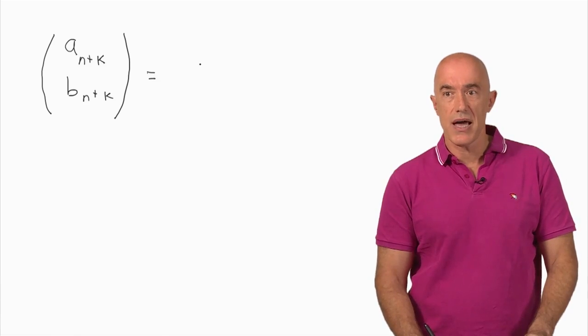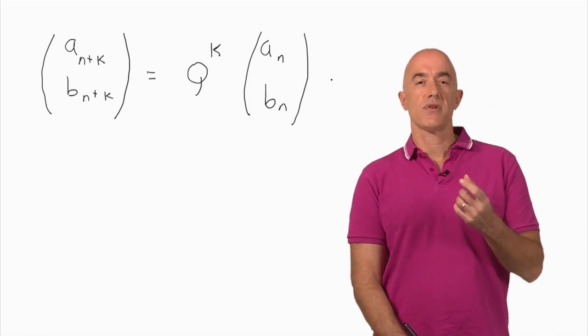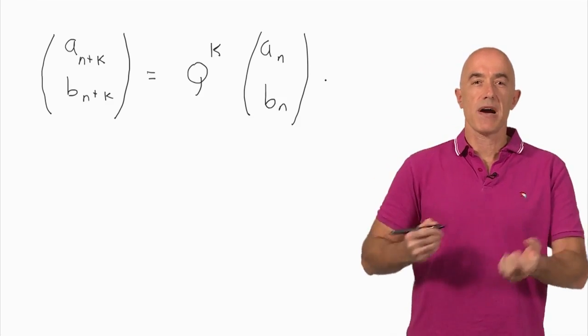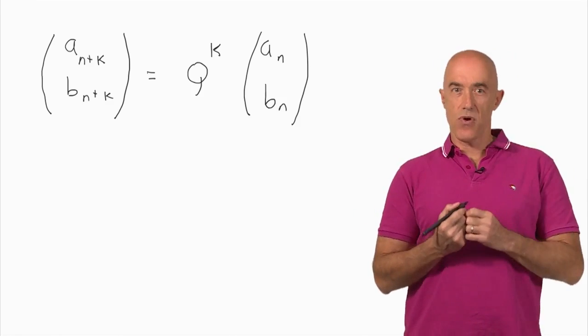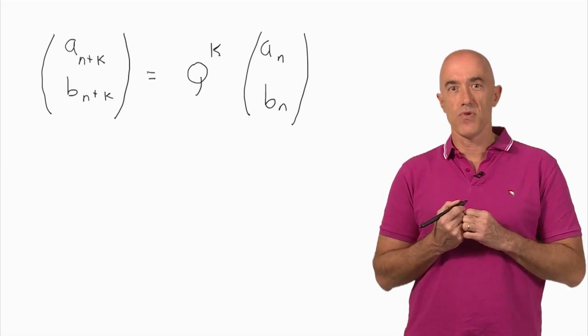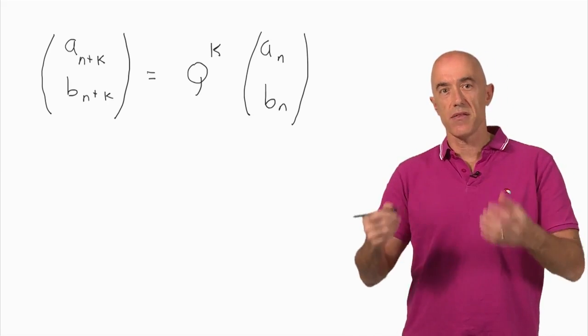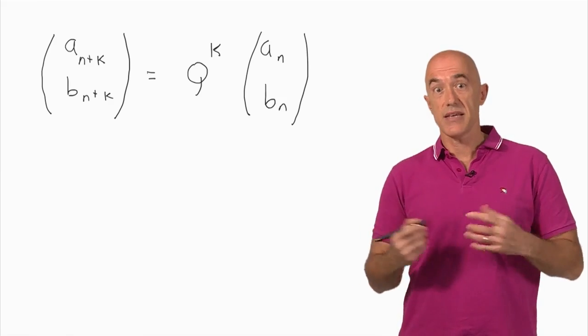So we need to multiply Q to the k times the population in the nth month. This Q matrix is the matrix that moves the population from one generation to the next generation. And if we want to move the population k generations, we need to multiply the population in the nth month by Q k times.